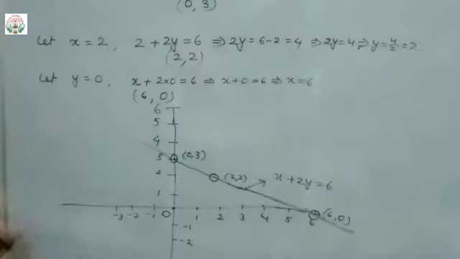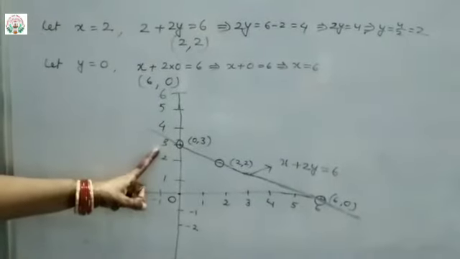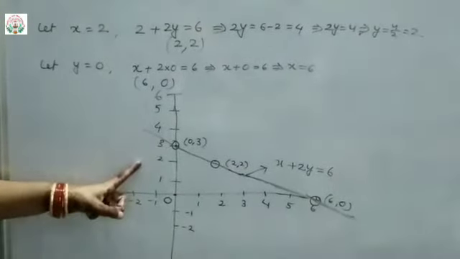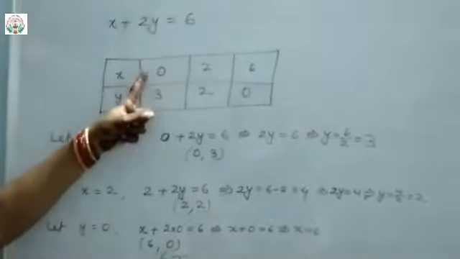Here children, understood? With the given points, how to plot a graph on your graph paper. Suppose this is the linear equation given. Assume the value of x as 0, then get the y value, and assume the x value as 2, and then get the y value from the equation by solving.